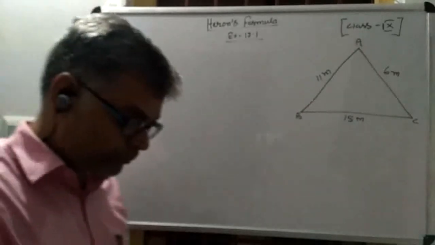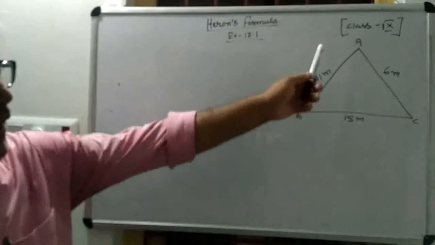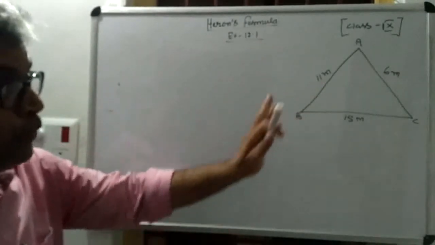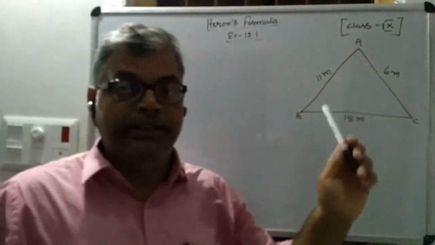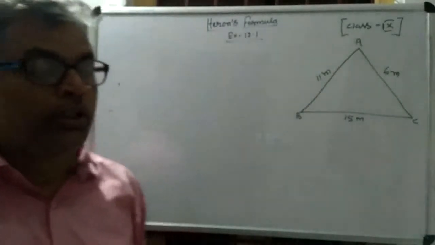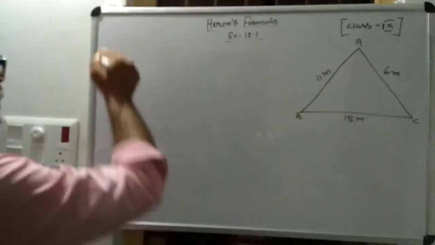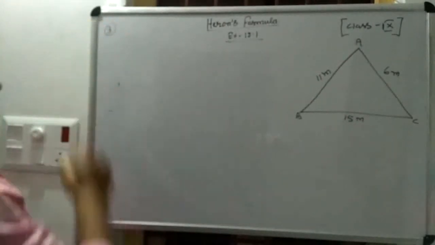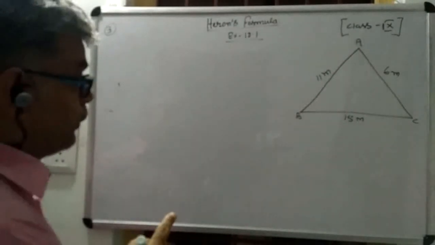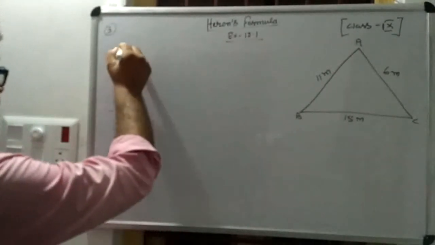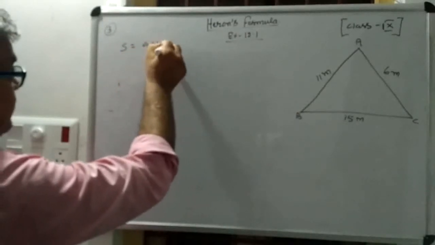using Heron's formula. So children, in this triangular wall you can see that you have all three sides of the triangle. So first of all you need to calculate its semi-perimeter. So S equals A plus B plus C by 2.